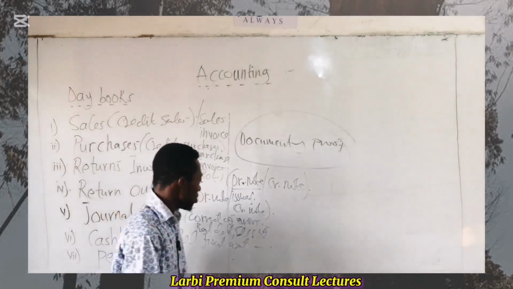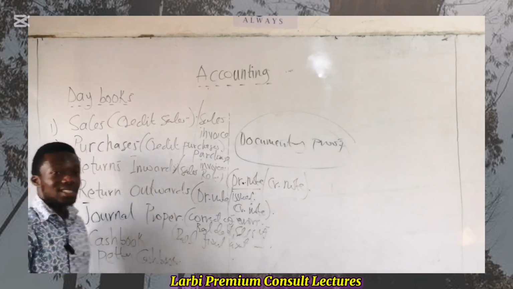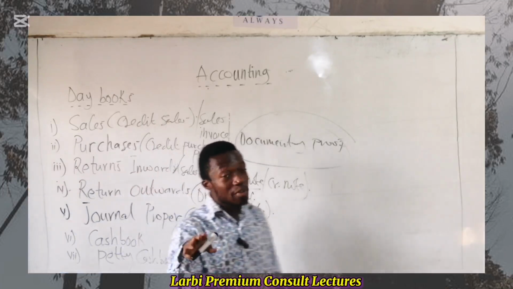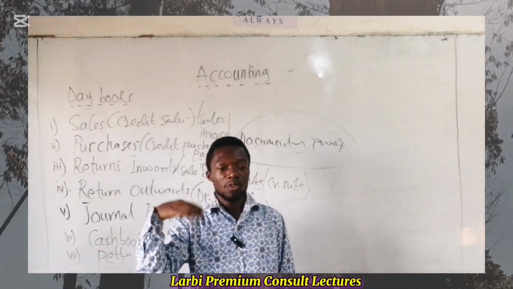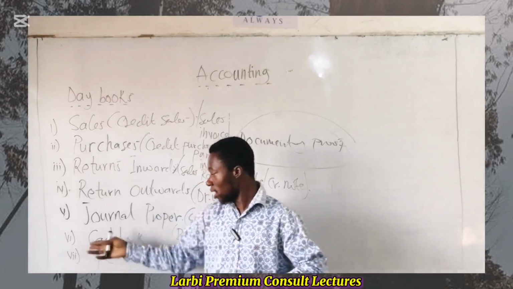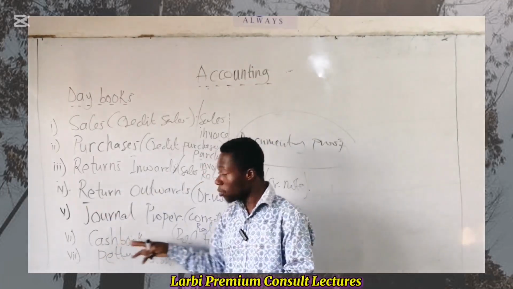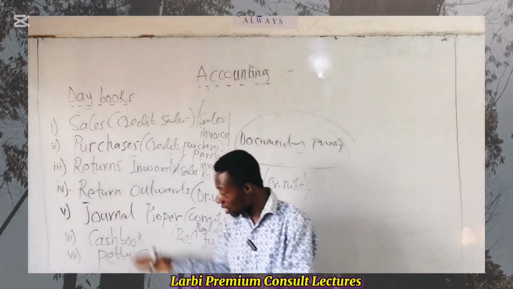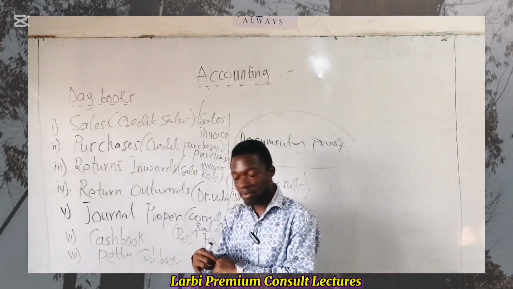So in some tests they will say that it is used to record cash and bank. But in a better way, we will say that the cash book is used to record items of payment and receipt in terms of cash and check. And when it comes to cash books, we have various types: single column cash book, double column cash book, and triple column. We'll discuss these when we are looking at them individually. So let's take note of that.